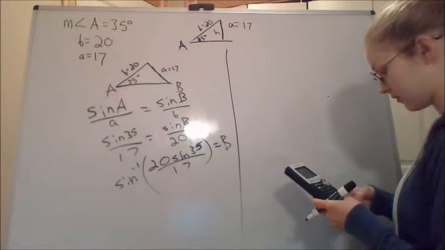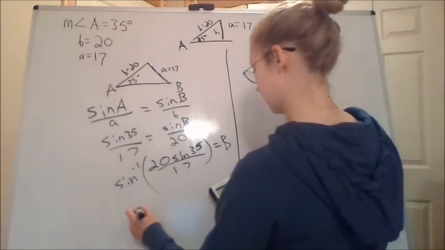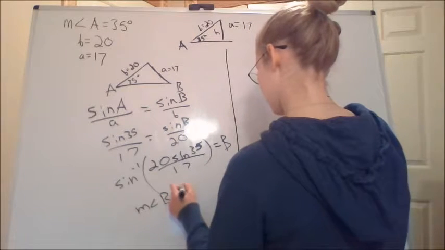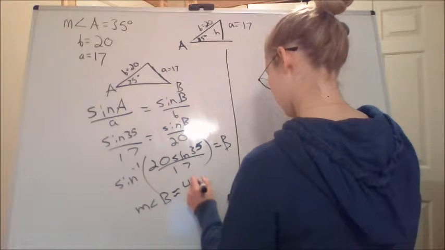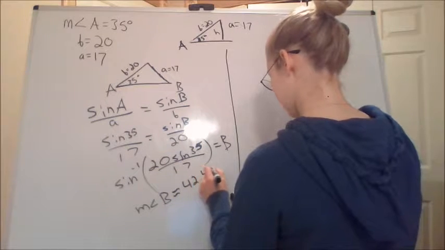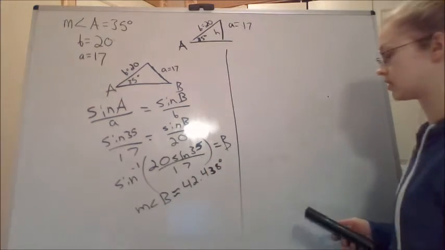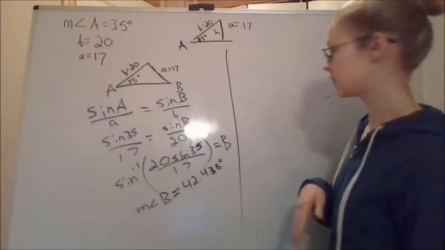And for that value, we get 42 degrees. So the measure of angle B is going to be about 42.438 degrees.